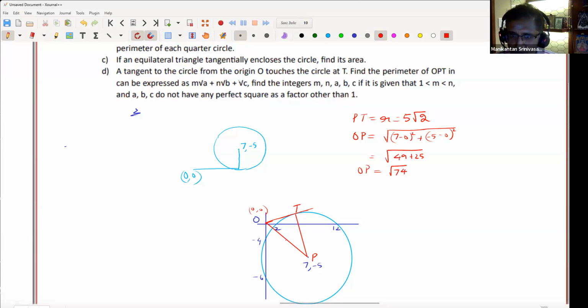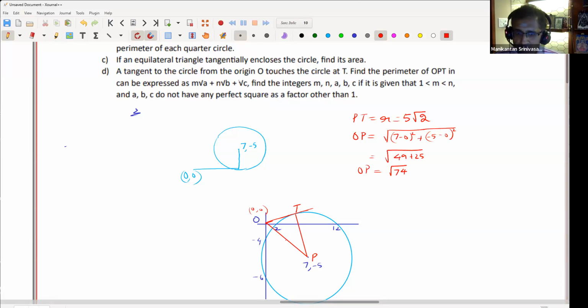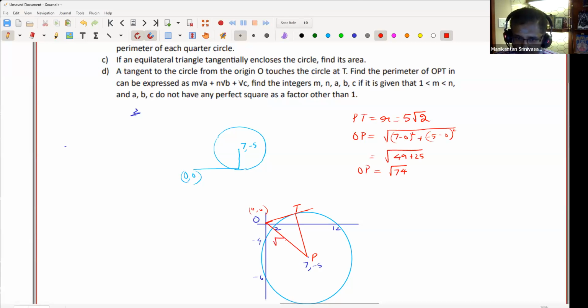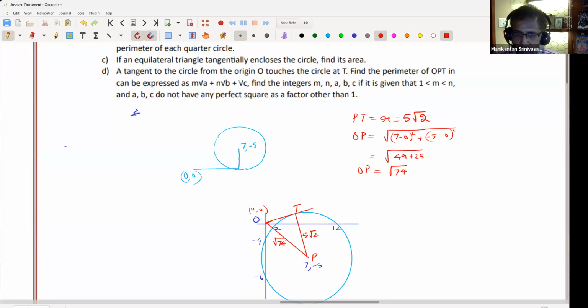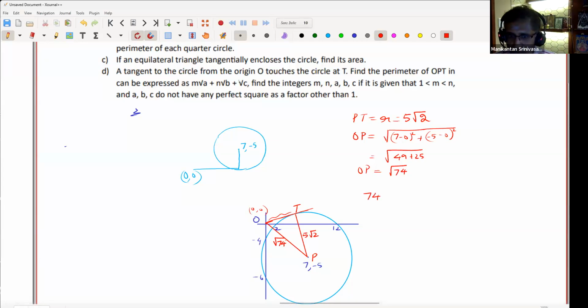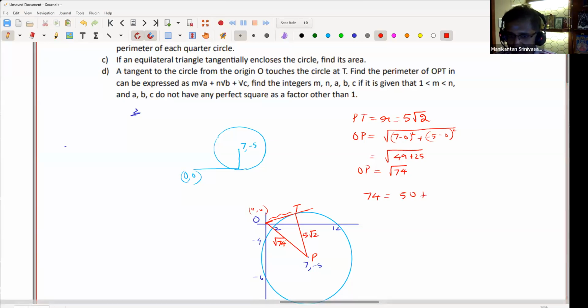So OP is square root of 74. So now we can use Pythagoras theorem to find the other one. So this is square root of 74, and this is 5√2. So OT square plus TP square is OP square. OP square is 74, 5√2 square is 50, plus the remaining part is OT square. So OT is square root of 24.